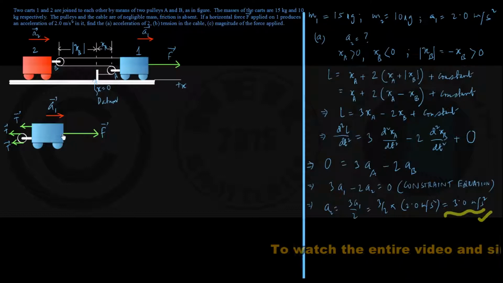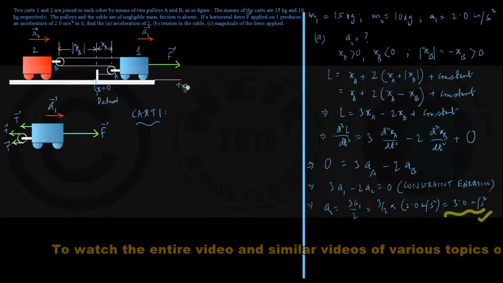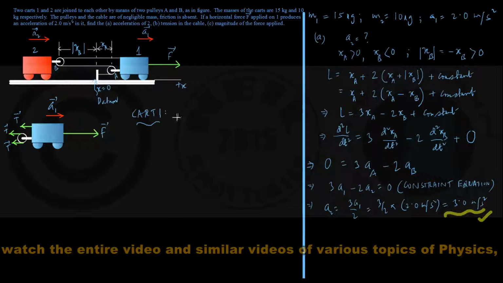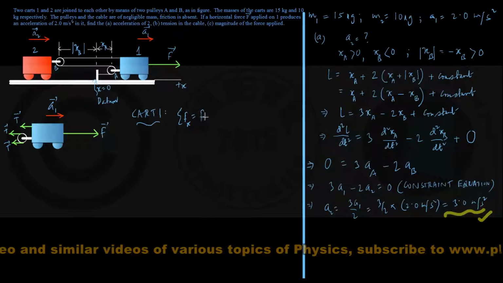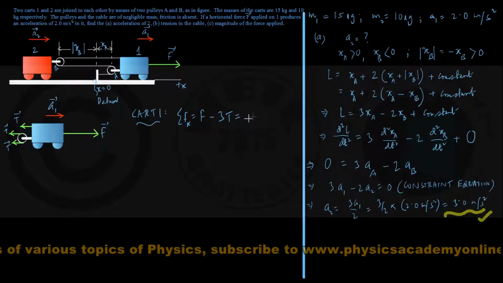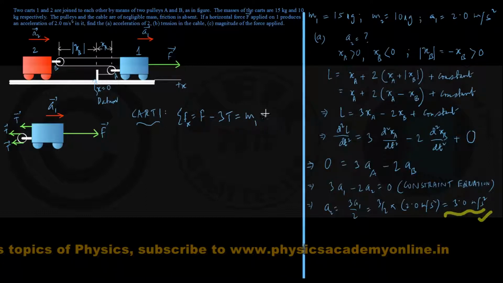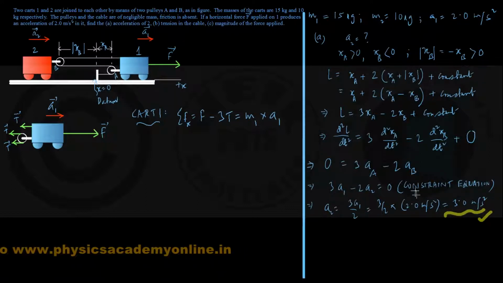So this was the FBD of this cart 1, and therefore the equation of motion for cart 1 will be, well, I have chosen the right direction to be my x direction, therefore the equation of motion is sigma Fx. Applied force is F minus 3T is equal to mass of the cart, that is m1, into its acceleration a1. Let me call the previous equation, the constraint equation, as 1 for reference if any, and that is my equation number 2, the equation of motion for cart 1.